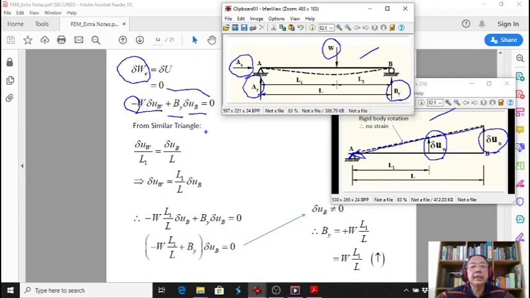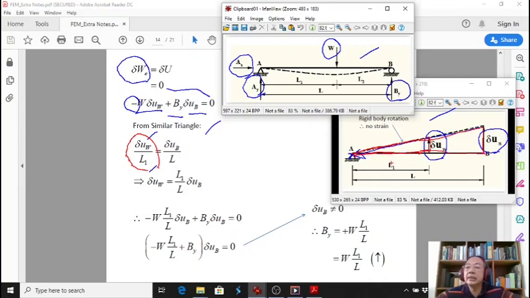From similar triangles, virtual UW per L1. For L1, we consider this triangle. We consider this triangle right now. So virtual UW per L1 equals, now we consider the big triangle here.